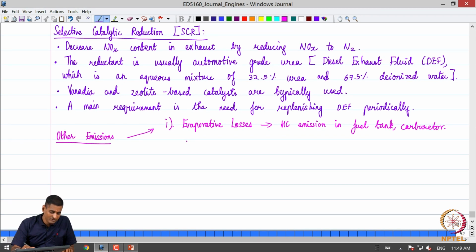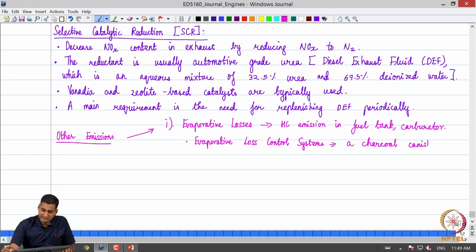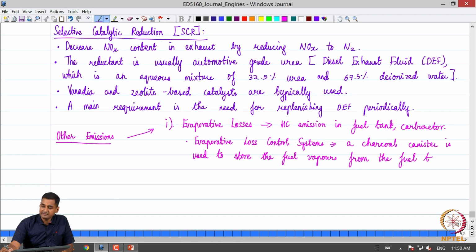So today people use what are called evaporative loss control systems, where typically a charcoal canister is used to absorb the fuel vapors from the fuel tank and then purge the vapors back to the engine when required.